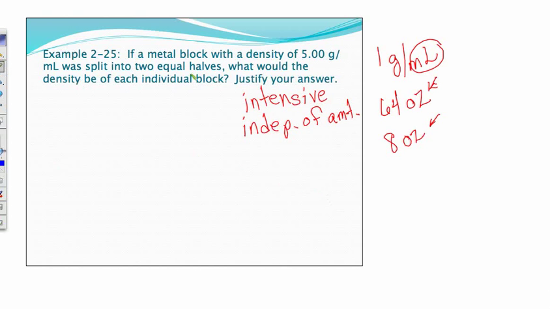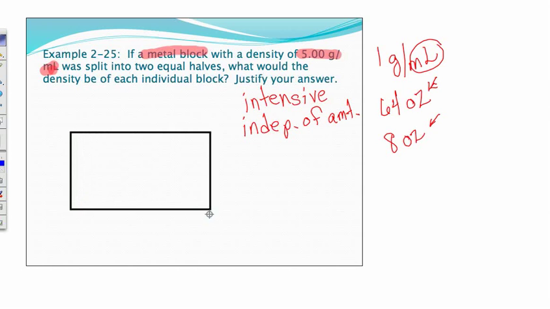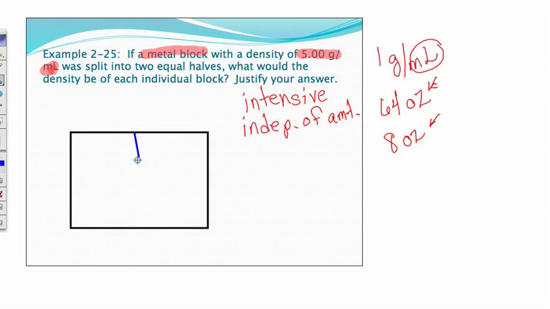So when we look at this question, we've got the density of a metal block, and they give it as 5 grams per milliliter. So what we did to this metal block is we cut it in half. Frankly it doesn't matter if they're equal or unequal blocks, it's going to be the same. So the question says we're going to cut it into 2 equal blocks.